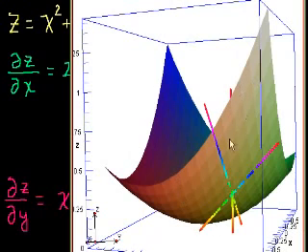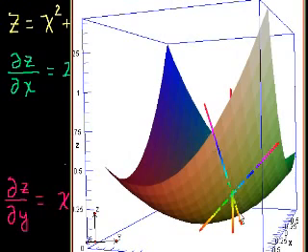I bounded it because it starts to increase really fast, and then you wouldn't be able to see all of this interesting stuff that happens closer in. But this vertical line, I just wanted to show you that when x is equal to 0.3, y is equal to 0.3, z is equal to 0.27. So that just shows what point we're working with.